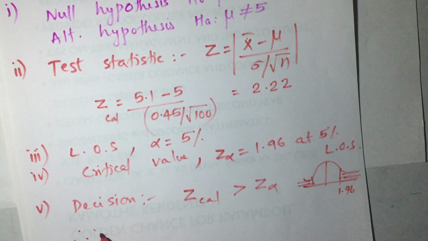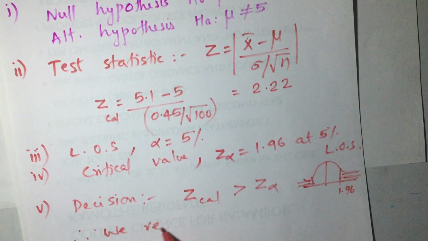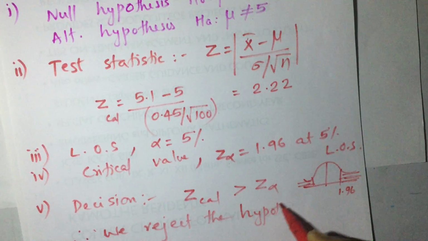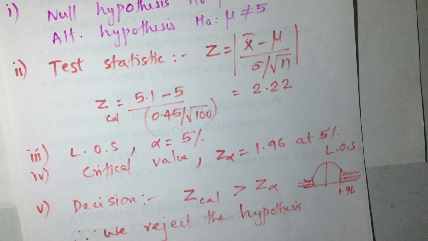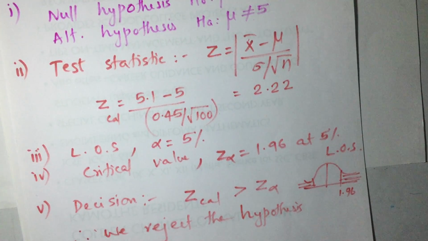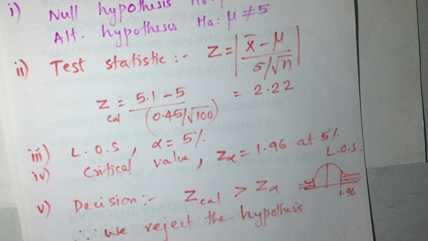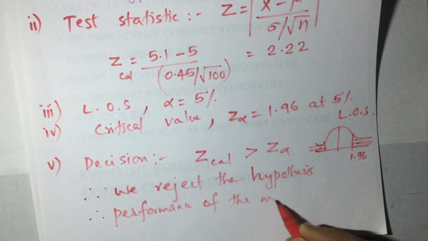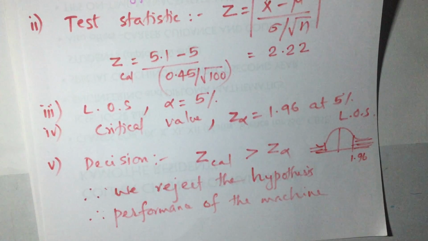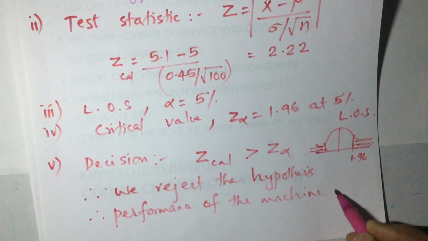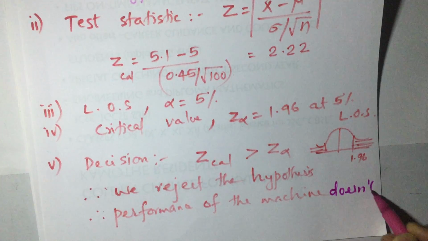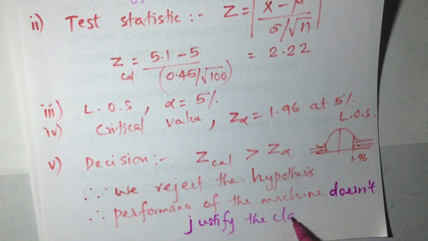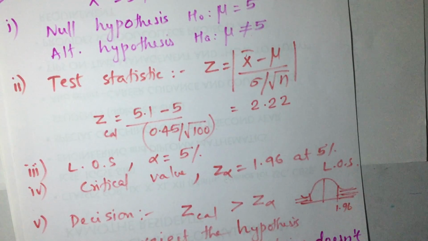Therefore the final statement, decision, conclusion you can give: the performance of the machine doesn't justify the claim. Okay, so this is the way to test hypothesis.